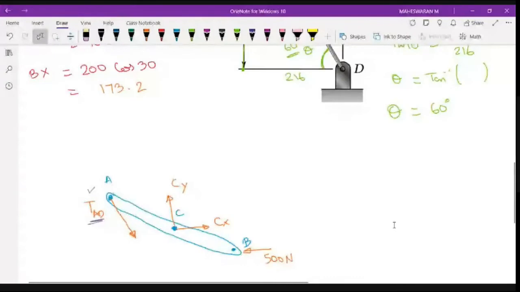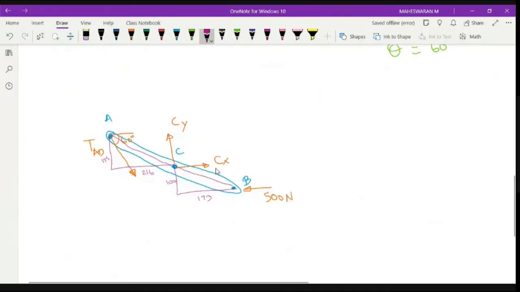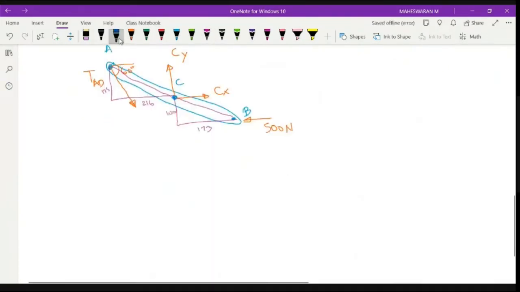What I can do is I have this TAD, which is at 60 degrees to the horizontal. What I am drawing here is a triangle indicating that, so you know some distances with respect to this. The only thing now is that I am going to equate it.